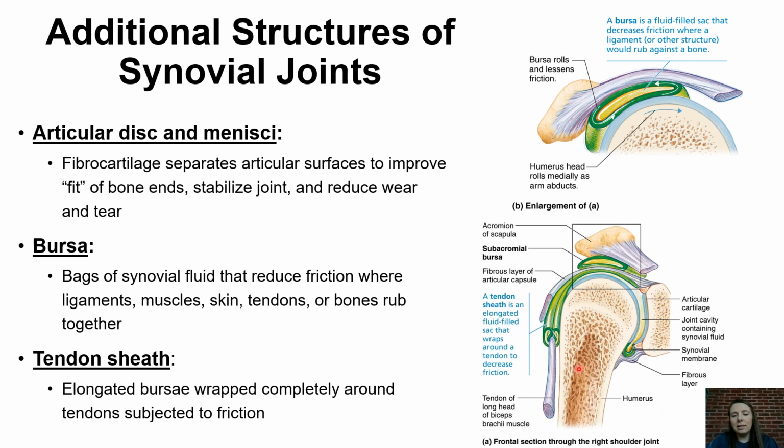Just so we are reminded, tendons connect muscle to bone. The tendon for the long head of the biceps muscle is going to pass up through the shoulder joint, and as it passes up through the shoulder joint, it's wrapped in this sheath that decreases the amount of friction present so that the tendon isn't subjected to friction, which could potentially cause tearing of it.